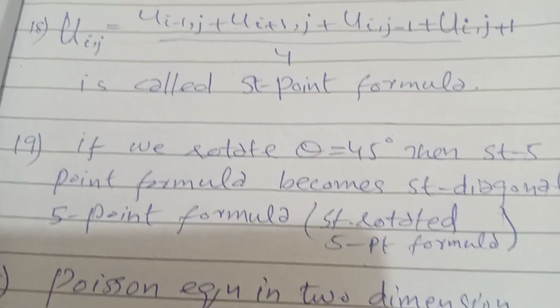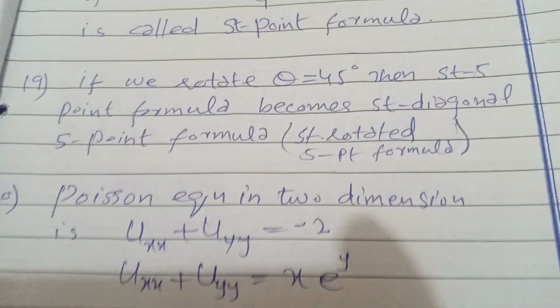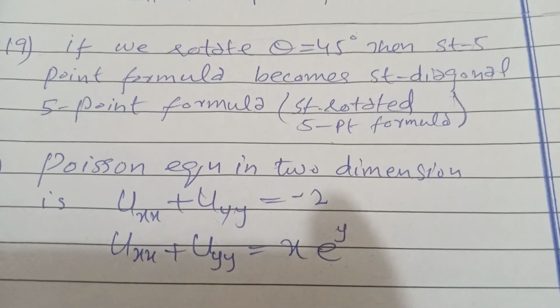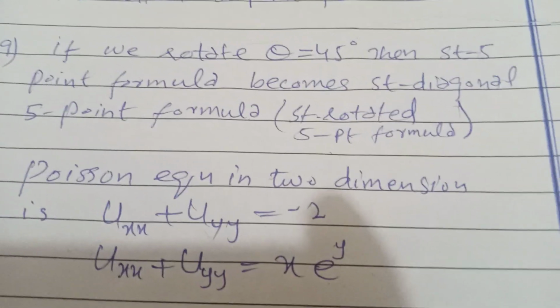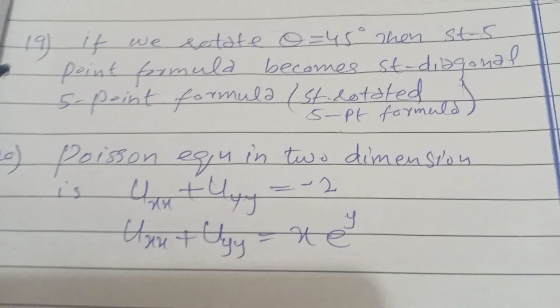It is called the 5-point formula. Then we have, if we rotate theta equal to 45 degrees, then the same 5-point formula becomes the diagonal 5-point formula.